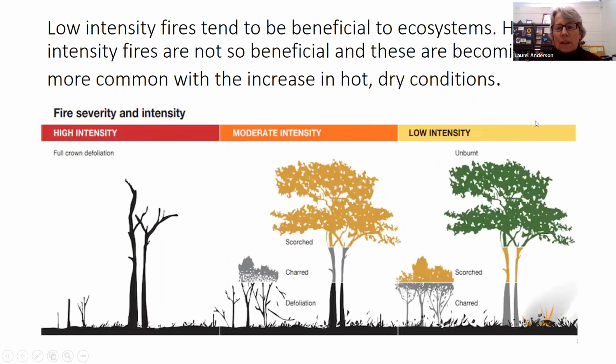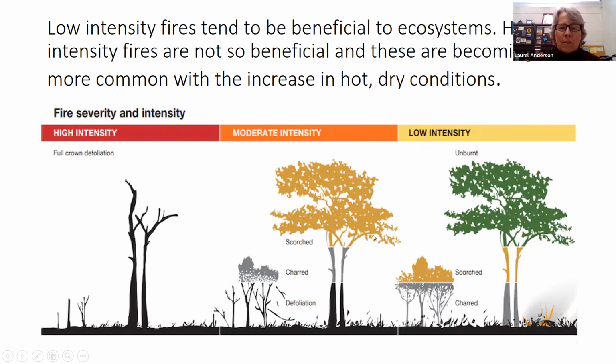And just to make it clear, the problem with fire is that fire that is low intensity tends to benefit ecosystems. It tends to clear out dead material. It can release nutrients into the soil. But that's if you have a low intensity fire, where a lot of the vegetation will survive the fire.